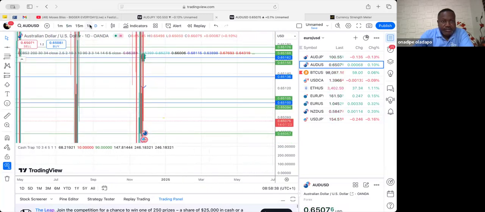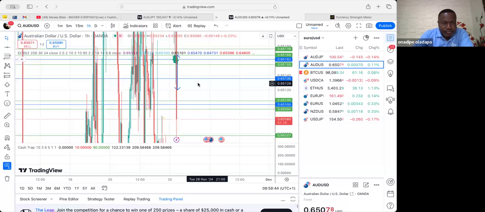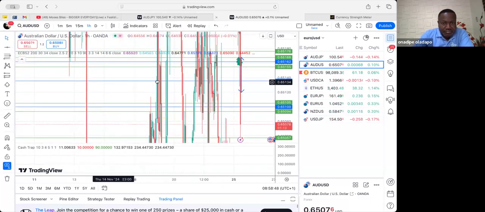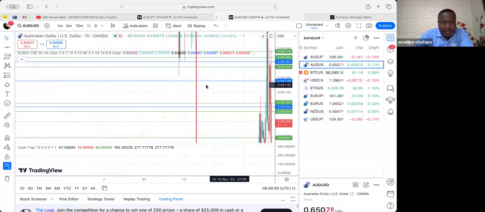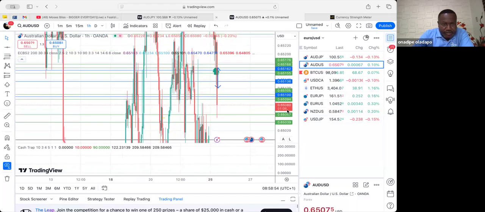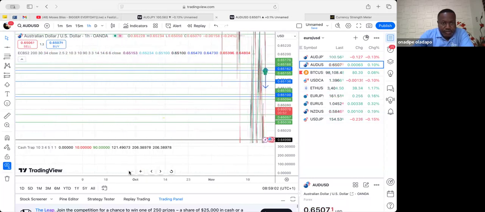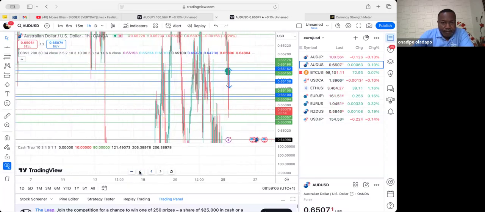Don't let it harass you as it does to amateurs. And then you see them jumping into trades, even when trades are not ready. No. Like I've always told you, the fewer trades that are of quality is better than taking multitudes of trades that are of no quality.